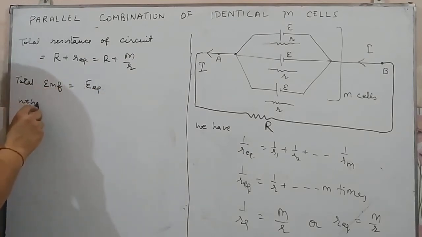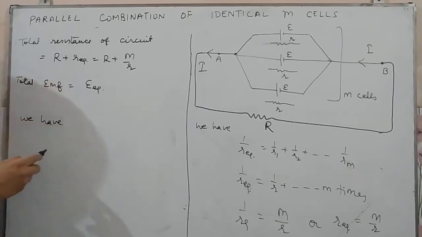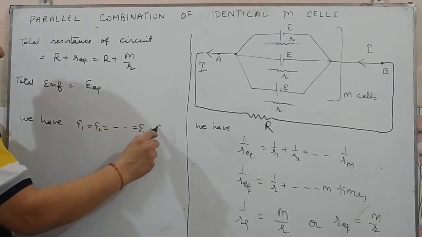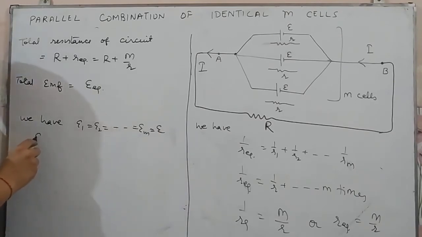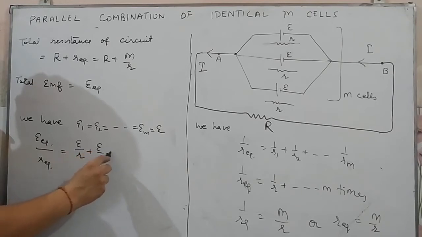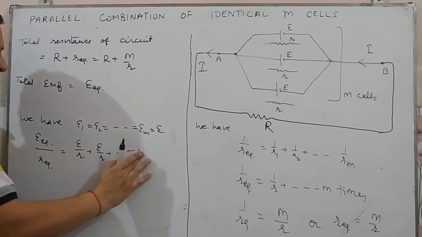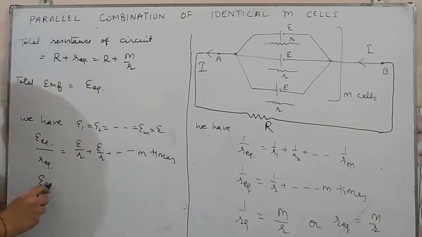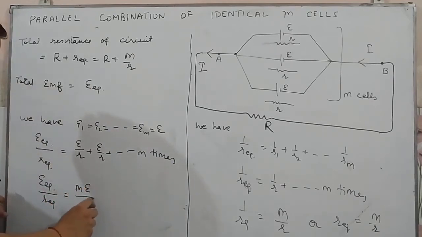Now we have E1 equals E2 equals up to Em equals E. So we have E equivalent divided by R equivalent is E upon r plus E upon r up to m times, which comes out to be m times E upon r.